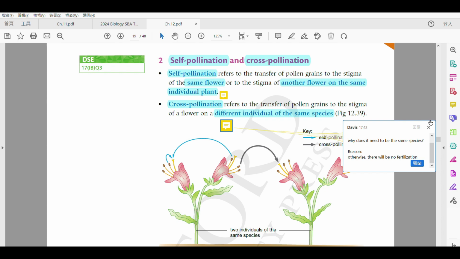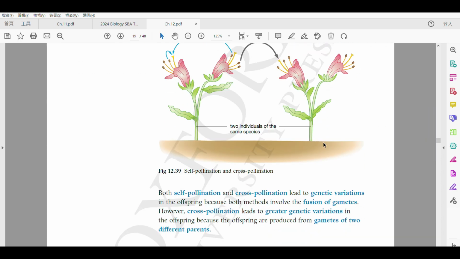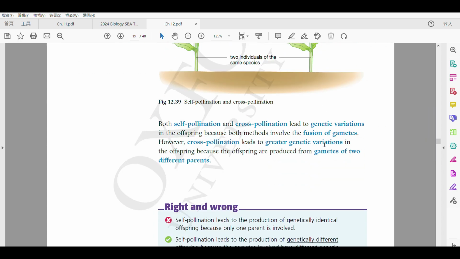Okay, 好啦 and then so look below, look at the bottom. 好啦，我哋就會講到咯，both self-pollination and cross-pollination, there will also be genetic variation. Okay, again this word, there will also be genetic variation. Why? 第一樣嘢 answer me why 先。The reason is very easy, because what type of reproduction is this?